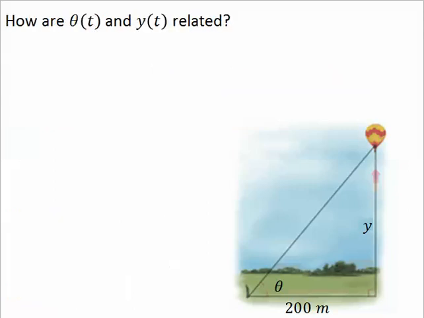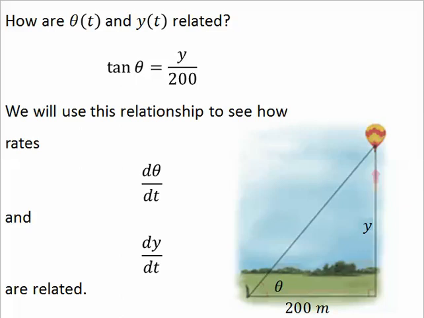So we want to know how theta and y are related. Well, tangent of theta is equal to y over 200. This is the easiest trig relationship to use. We will use this relationship to see how d theta/dt and dy/dt are related.